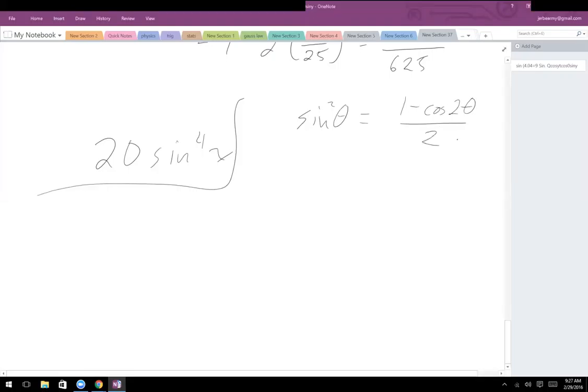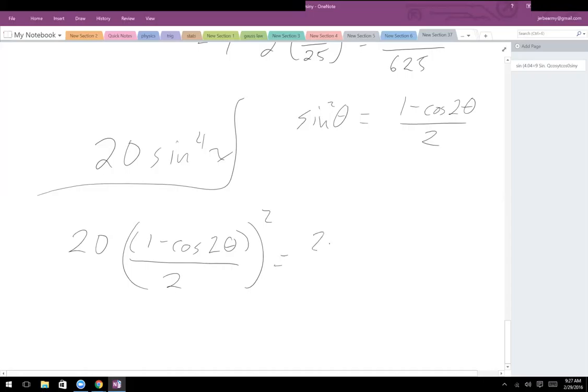So that's another way of writing the half angle formula for sine. So we're just going to do that with this guy here. So we've got 20 sine squared squared, so 20 times 1 minus cosine 2 theta over 2, all squared.